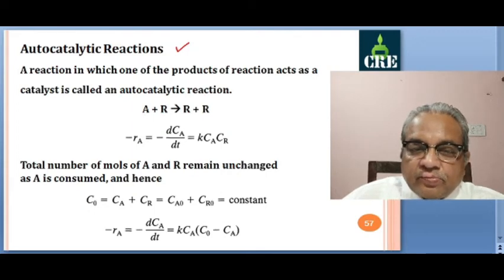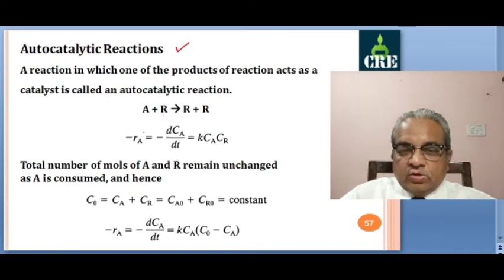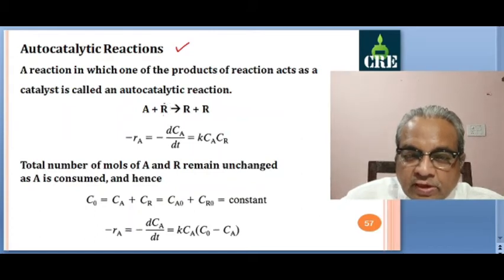So we can write A giving R is the original reaction, and R again acts as a catalyst, A plus R gives R plus R. So R is formed, R also acts as a catalyst, and it remains unconsumed when it acts as a catalyst. So minus Ra is minus dCA by dt equals K into Ca into Cr. This R is catalyst and it is also product.